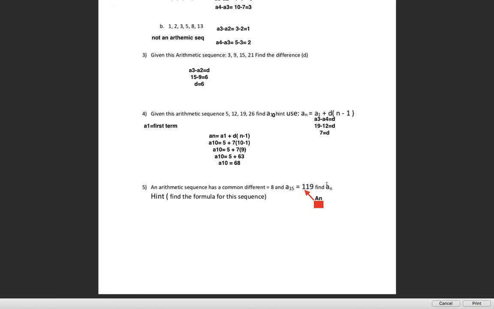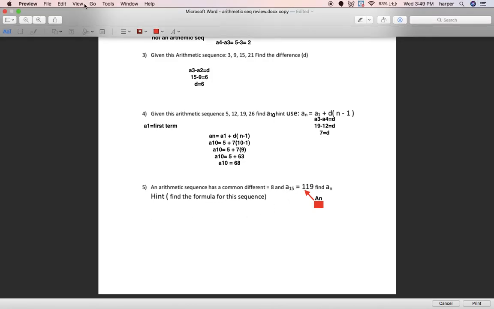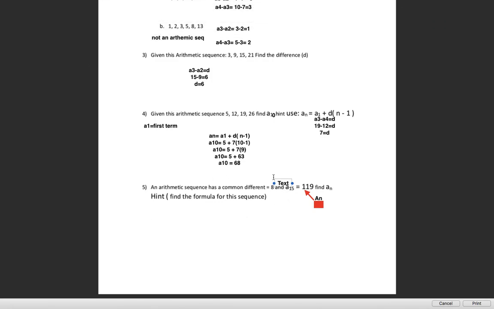That's why we can't just say, oh, an is 119 and that's it. No, an is only 119 if n is 15. So we need to find just the basic an if we ever want to plug it into our formula. That's a really important thing.